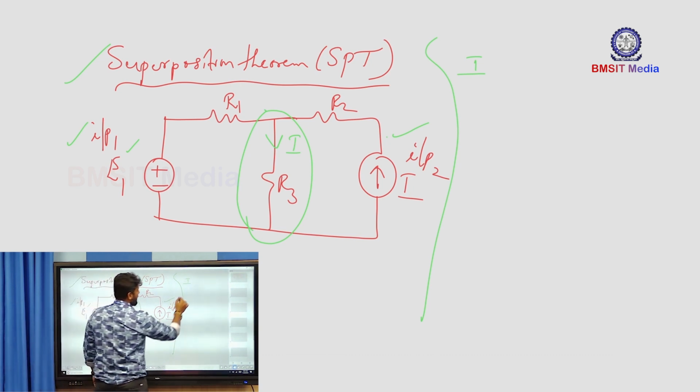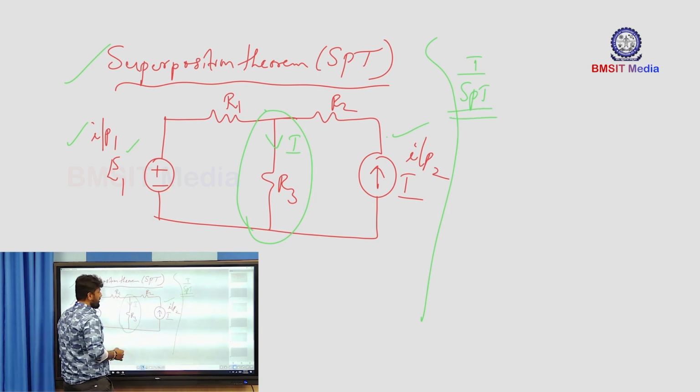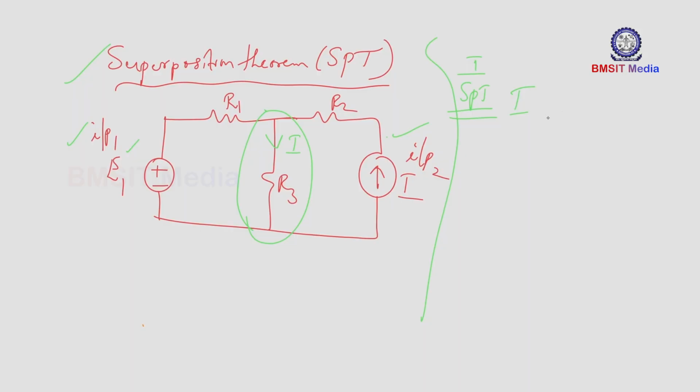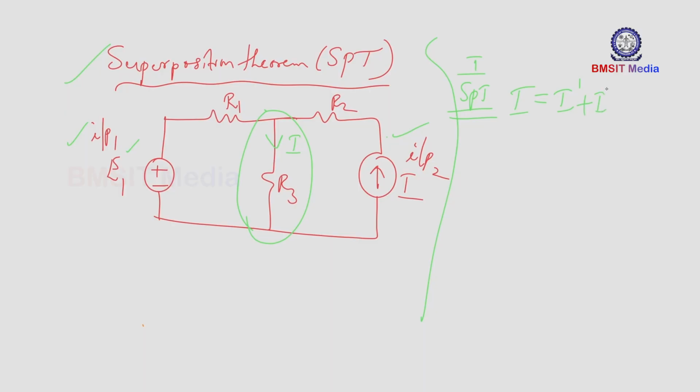So as per SPT, what we can write here is the net response I is equal to I dash plus I double dash.